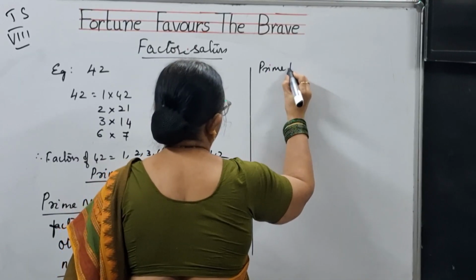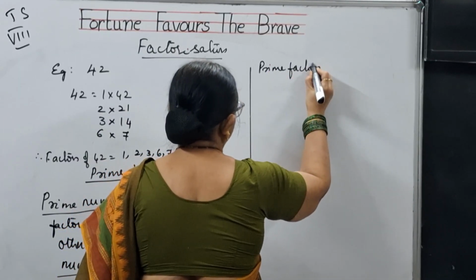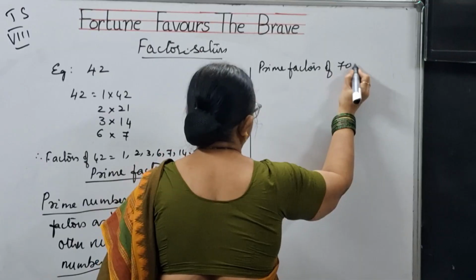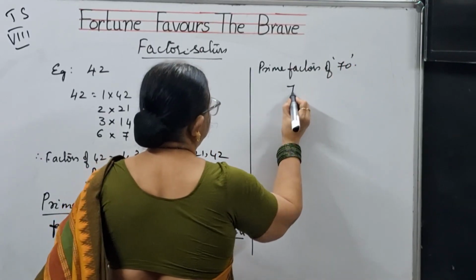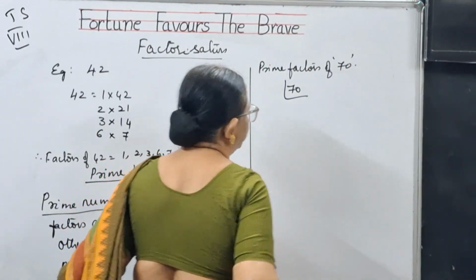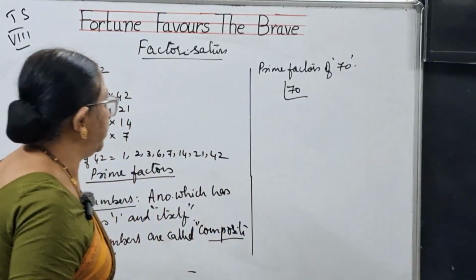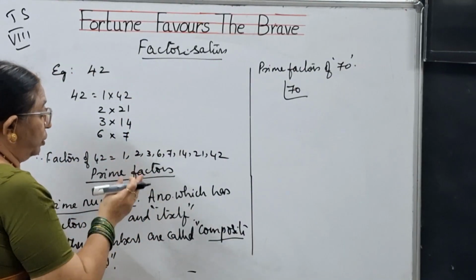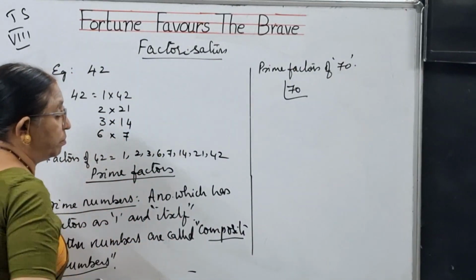Prime factors of 70. So, how will you find out? Take 70, children, and go for only prime numbers. Don't talk about the composite numbers.